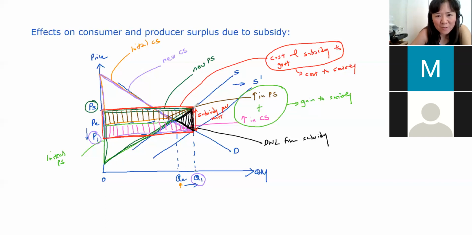Although these two trapeziums are the gains, because there is an overall cost of the red area, the cost is greater than the gain. So that's why overall there's a deadweight loss. That's basically what we are talking about when we talk about the deadweight loss.